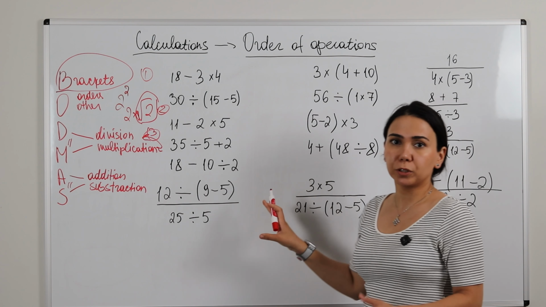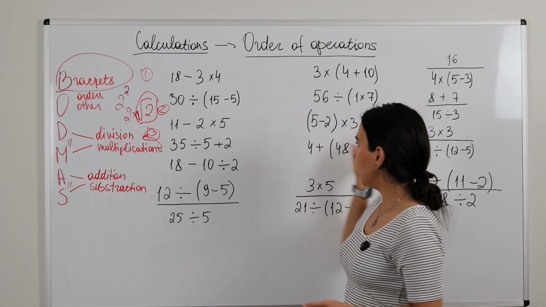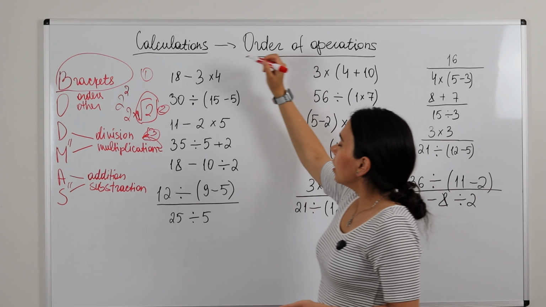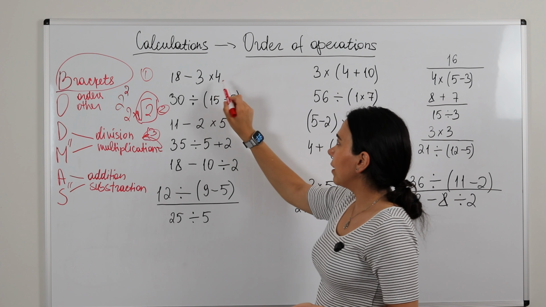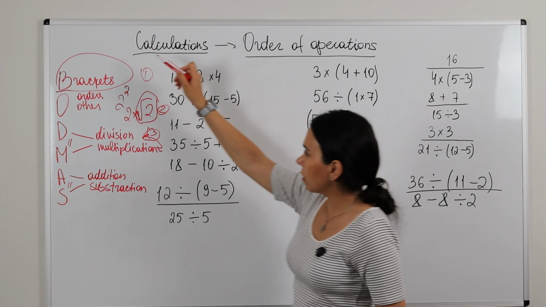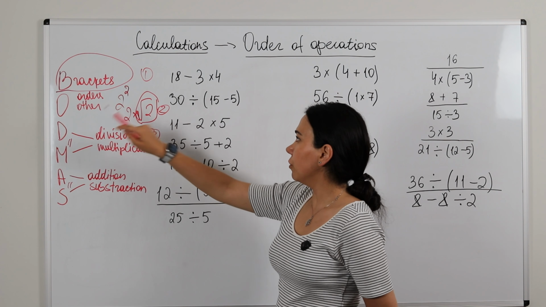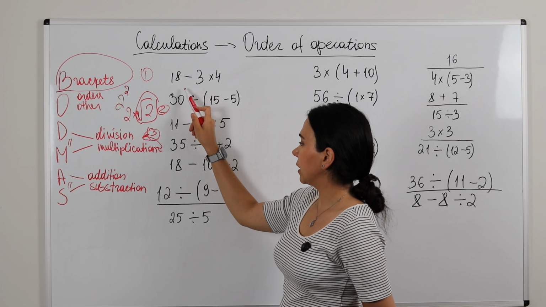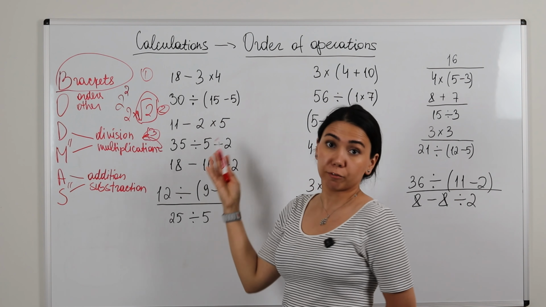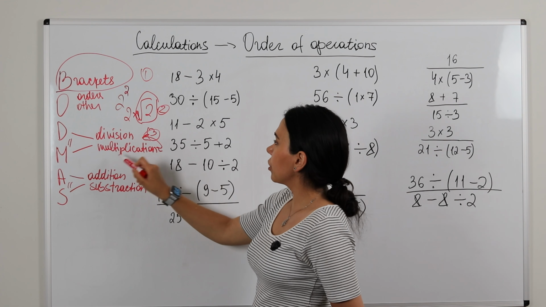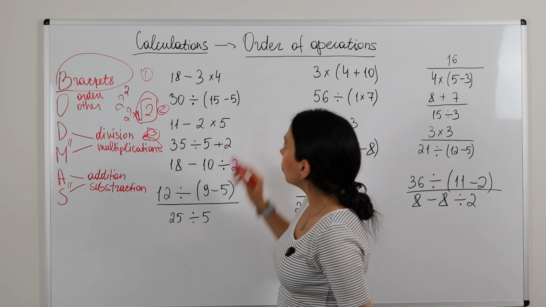Let's do a couple of examples to understand how it works, from easier examples to harder ones. 18 minus 3 multiplied by 4. Let's look at BODMAS. Do we have brackets here? No. Do we have other? Well, we have subtraction, we have multiplication. We don't have other. Do we have division or multiplication? We do.